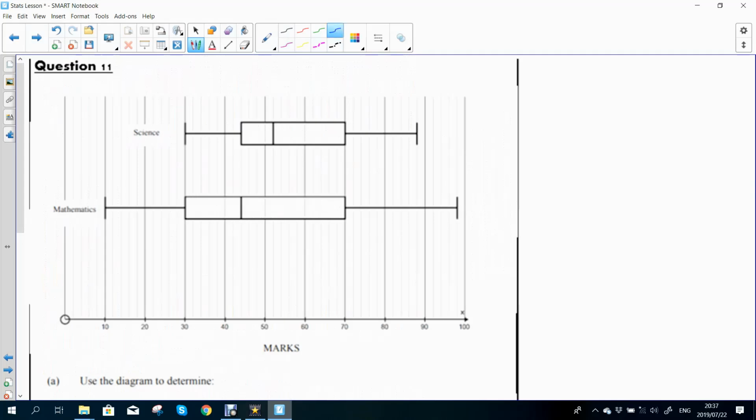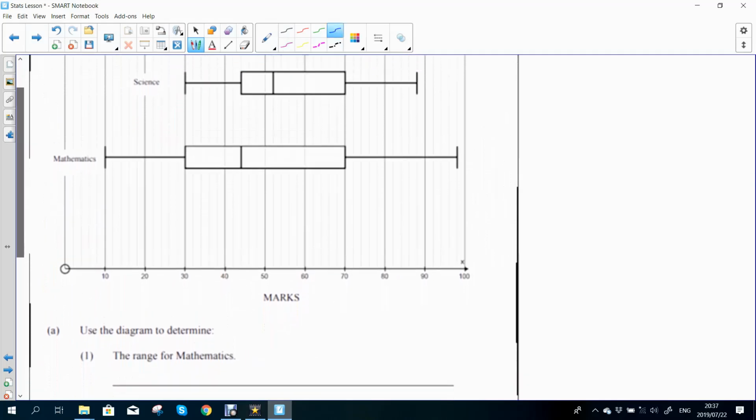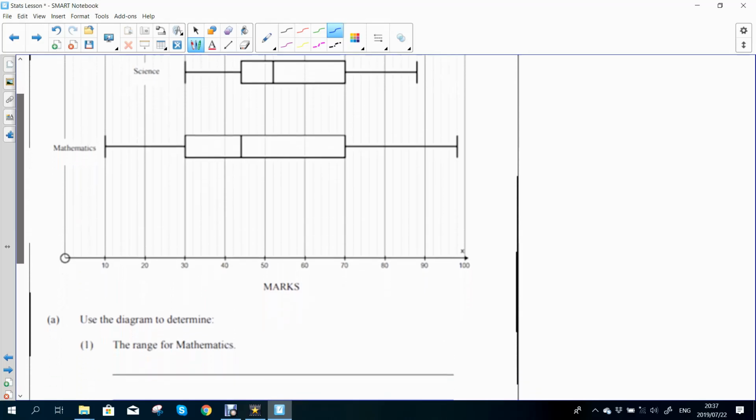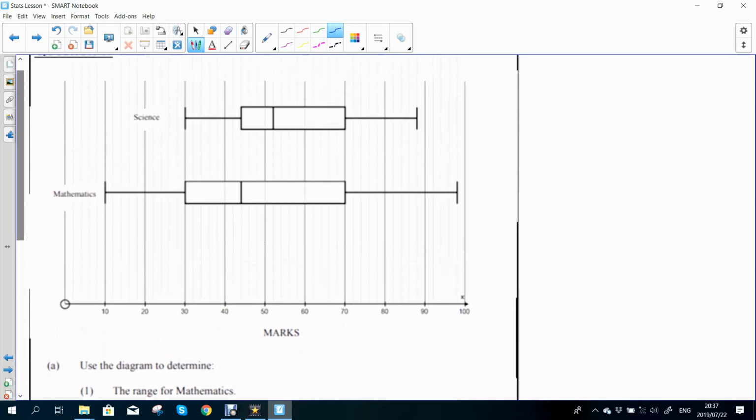Question 11. Last question for stats. And it says the science, mathematics, and we're looking at box and whisker diagrams again. And it says use the diagram to determine the range of maths. Range is the highest value minus the lowest value. So that's quite easy.